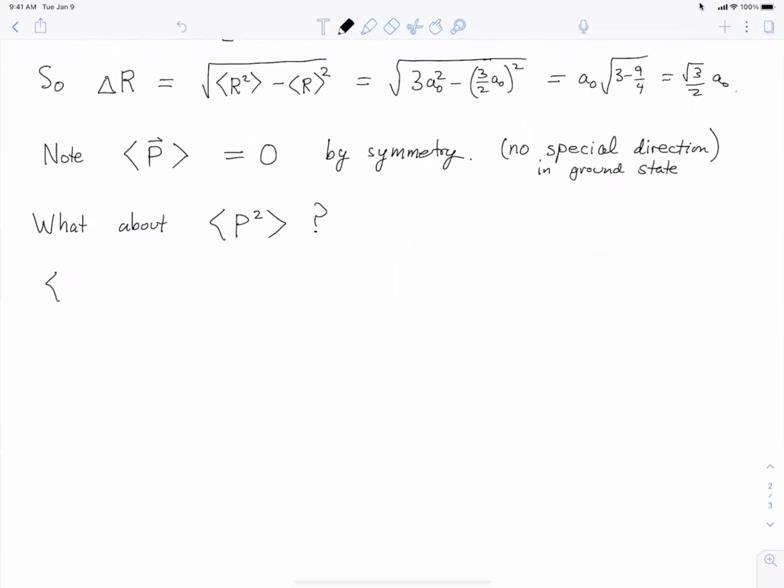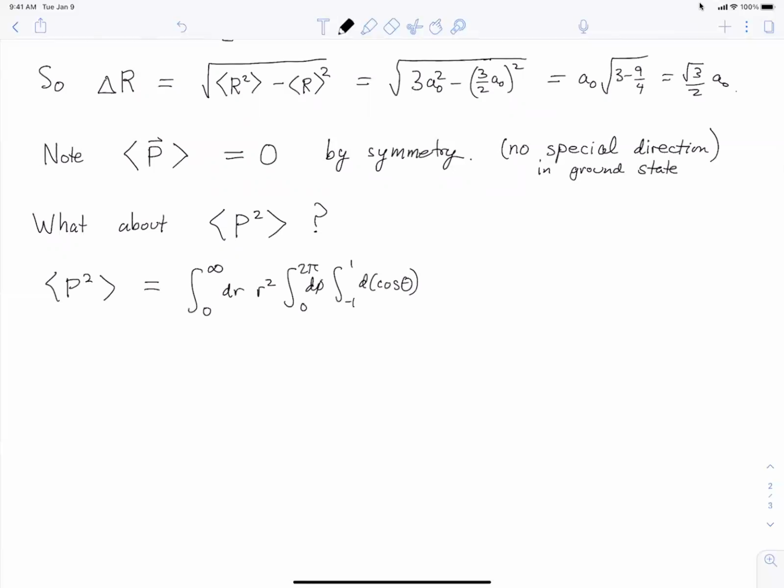So the expectation value of p squared is, we just work in position space. And so just like we did for the expectation value of position, we set up our integral. Okay, so we're integrating over all of our spherical coordinates.